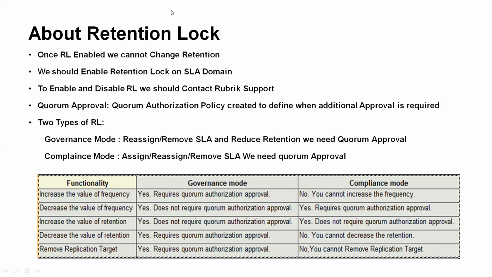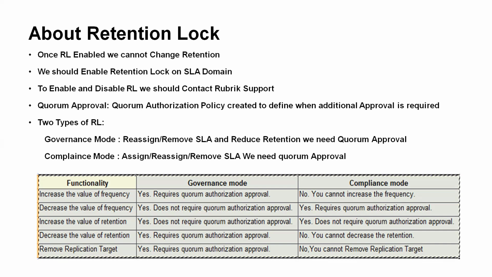To enable or disable retention lock, we should contact Rubrik support. Initially, to enable retention lock, we have to work with Rubrik and get the retention lock toggle enabled. Once enabled, we are good to use it as a retention lock.